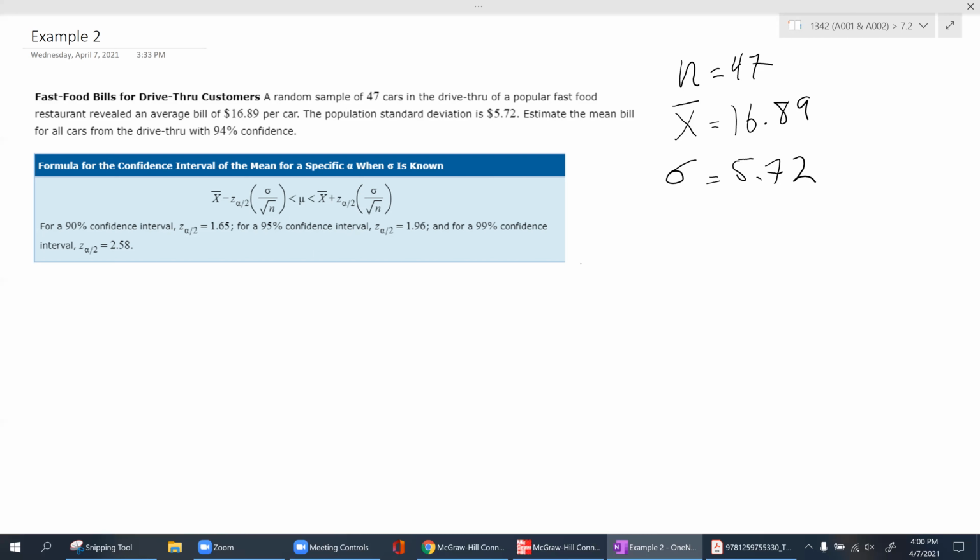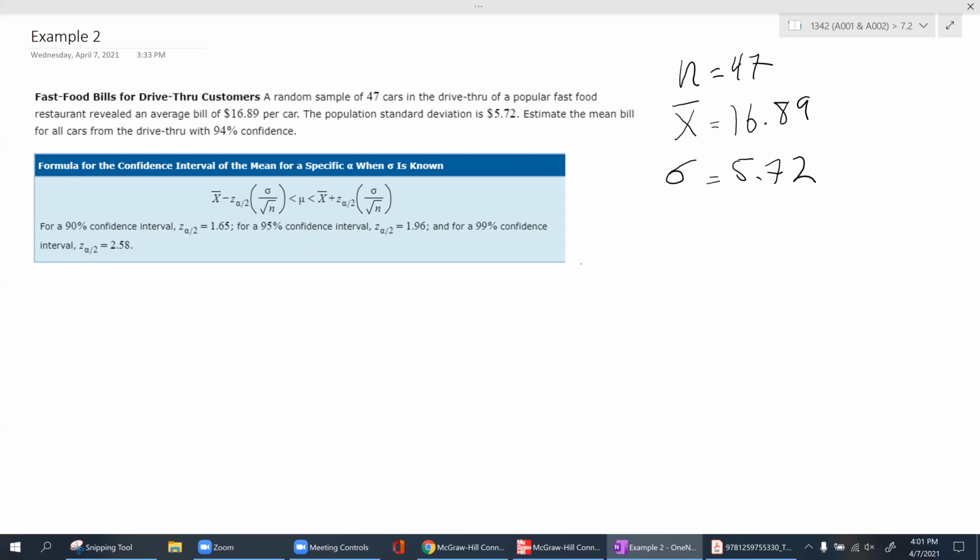I need to know that you know how to find that, in case it's not a known value, like 98, or 93 or 92. So let's find that for the 94% confidence interval. That's the first thing I'm going to do.